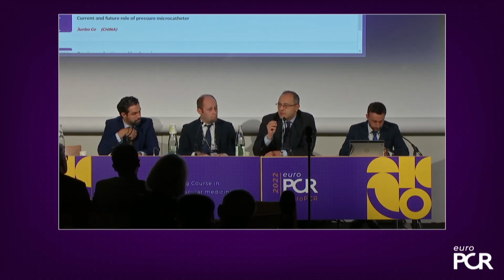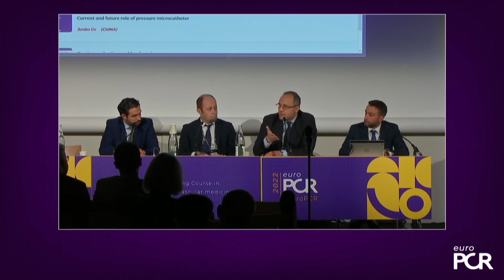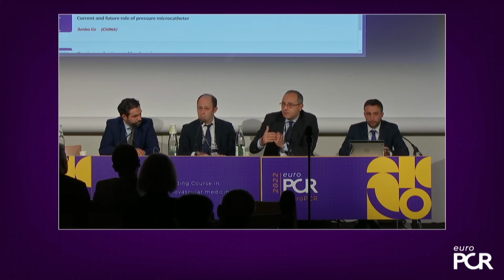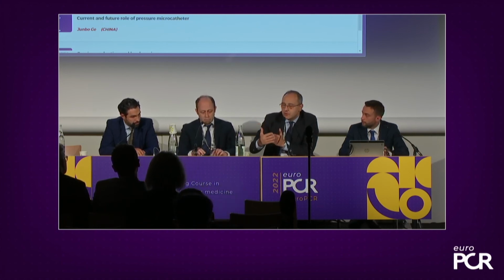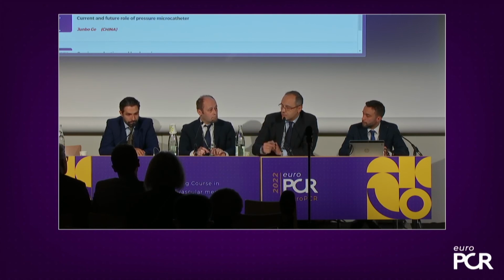Take into account that you will never be able to achieve a perfect result at the end. But having brought these patients with an FFR initially of 0.4 up to 0.86, 0.87, means a delta FFR that is massive. So for sure, we did something good for this patient.